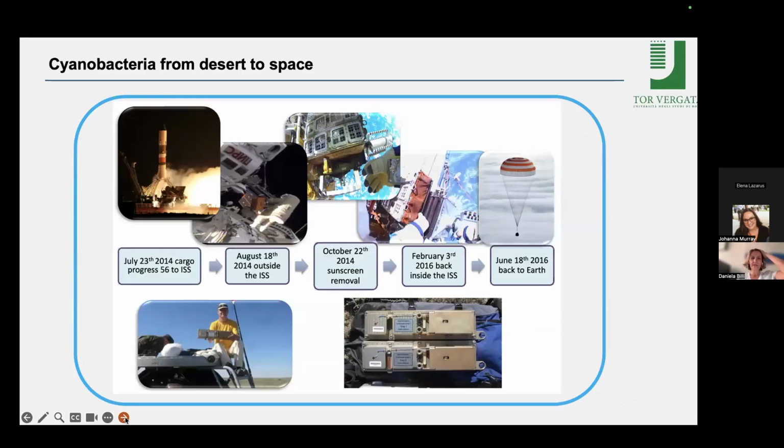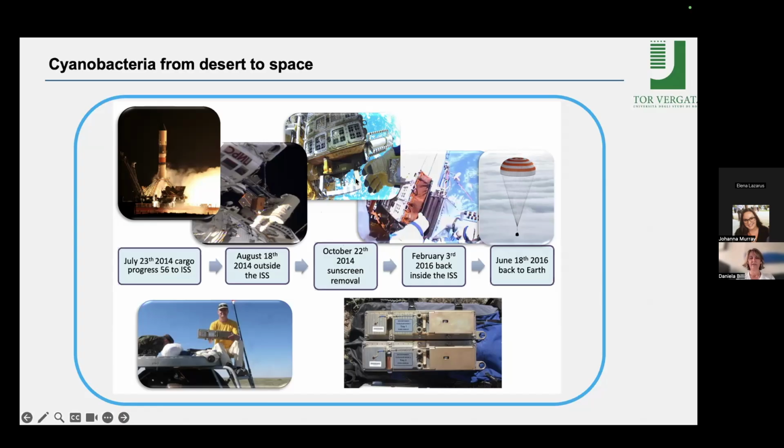And this kind of experiment was performed outside the International Space Station, by now 10 years ago. So the cells were launched to the ISS, and during an extravehicular activity of two astronauts, the facility was installed outside the ISS.